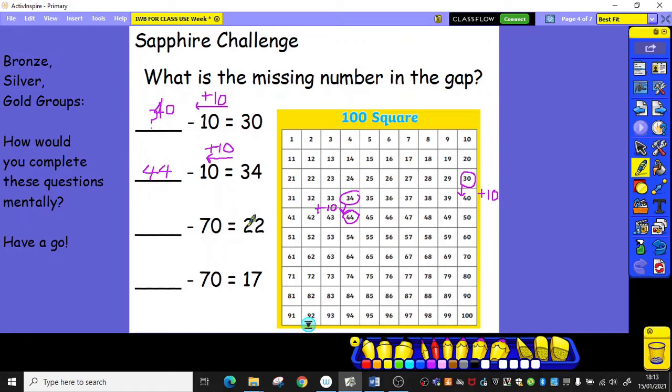Now, 22. Something take away 70 is 22. So on this occasion, if my answer is 22 and 70 was subtracted, yep, I think lots of you have worked this out, I need to add 70 back on to 22. 1 10, 2 10s, 3 10s, 4 10s, 5 10s, 6 10s, 7 10s.